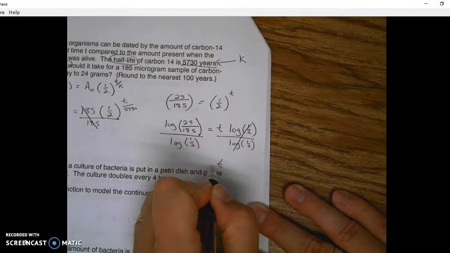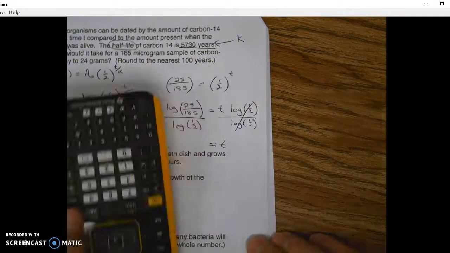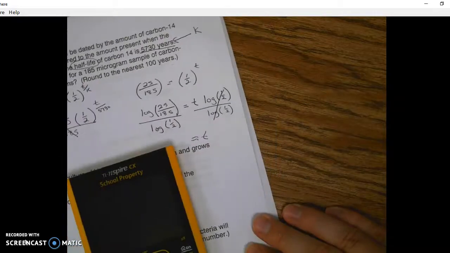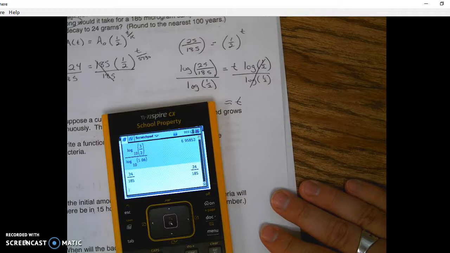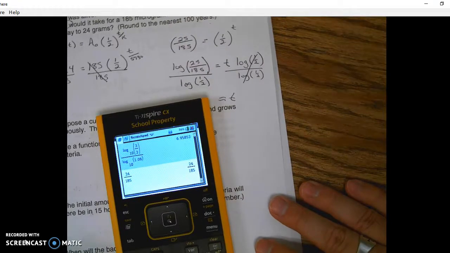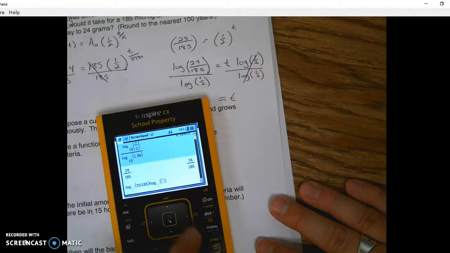So t is going to be approximately, these calculators turn off awfully fast. So log, it's base 10, so we don't have to put anything in there. 25 divided by 185 divided by log of 1/2.